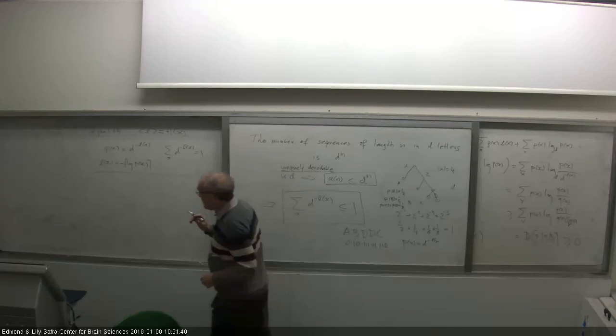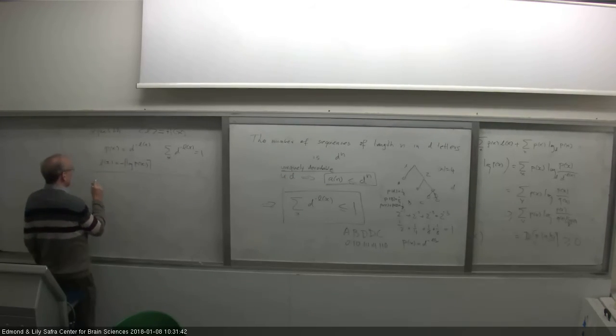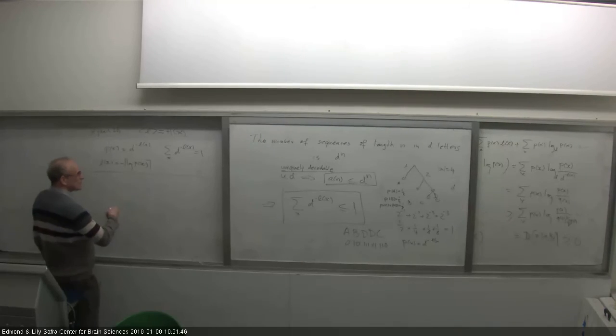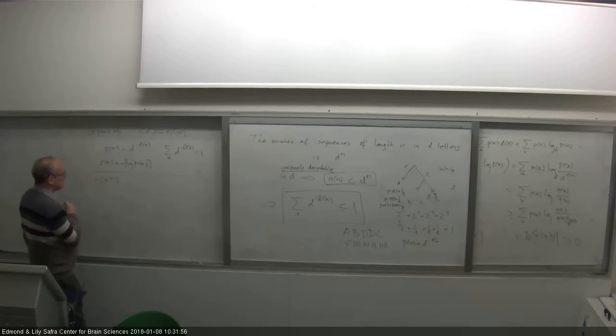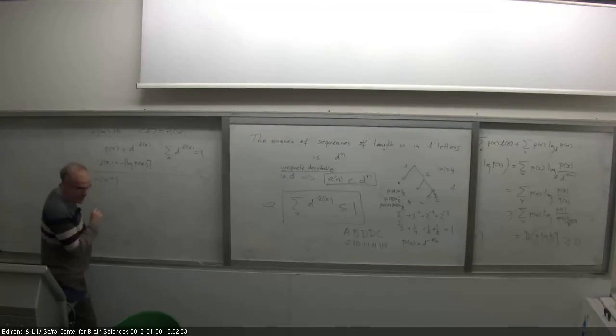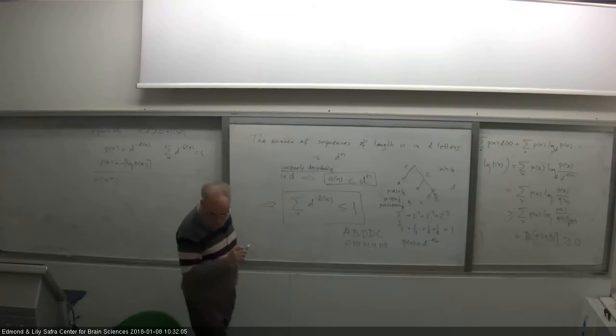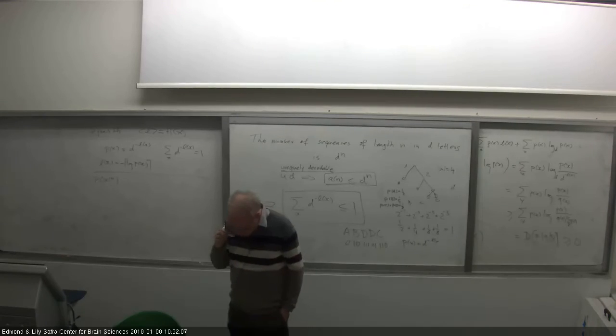So essentially, the idea of the other direction, let's look at an extension. I proved that the entropy is the lower bound, and I want to prove that it's tight. So let's look at an extension of my code. I already proved it.